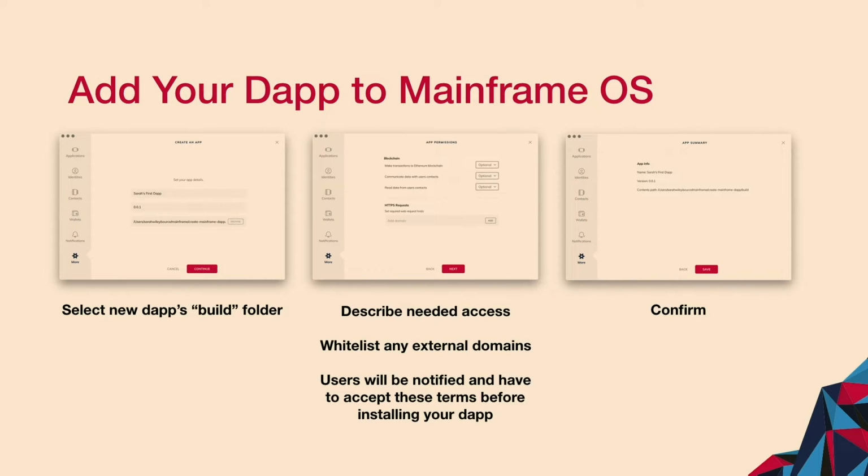The next screen is interesting. It's a set of permissions that we're going to present to end users when they install your DApp. It's a collection of things like, what data are you going to access? What external URLs are you going to access? Are we doing blockchain transactions?